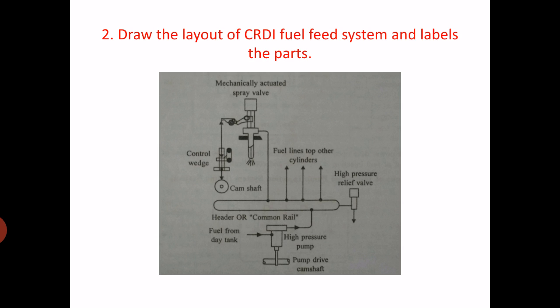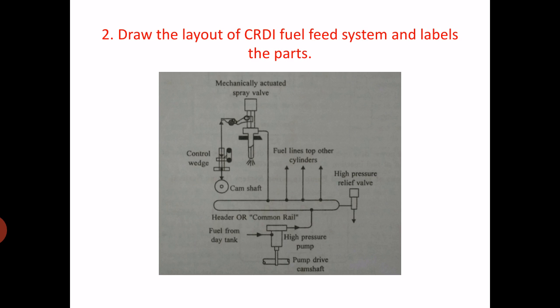Question number 2, draw the layout of CRDI, that is common rail diesel injection. Common rail diesel injection means fuel is stored or pumped into a common rail, then it is supplied to the injectors. So draw the sketch and label the parts. What are the main parts here?